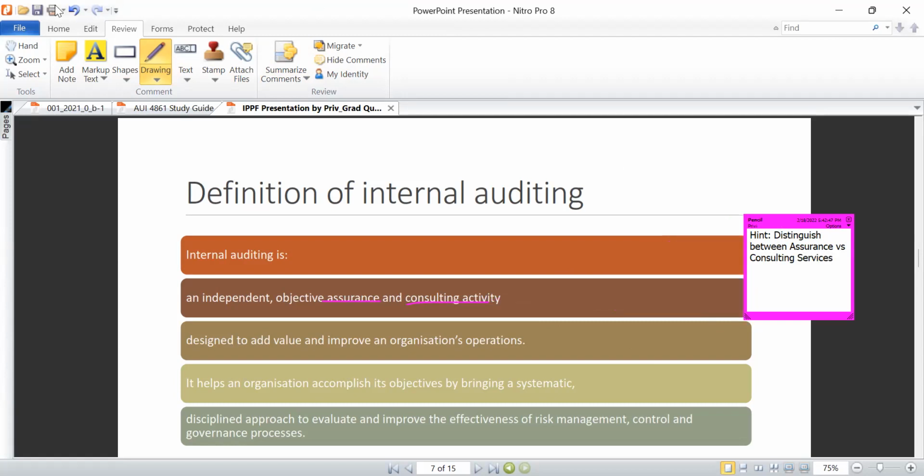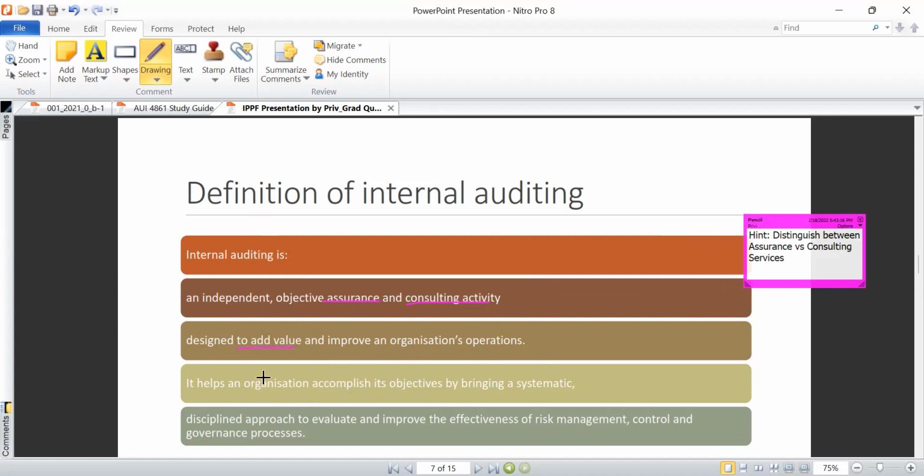And then, so basically, the definition of internal auditing is an independent, objective assurance or consulting activity that is designed to add value and to improve an organization's operations, full stop. Now, how do we help and improve the organization's operations?